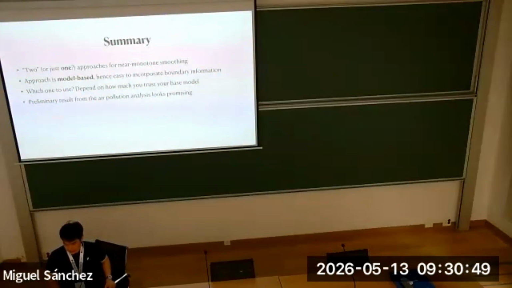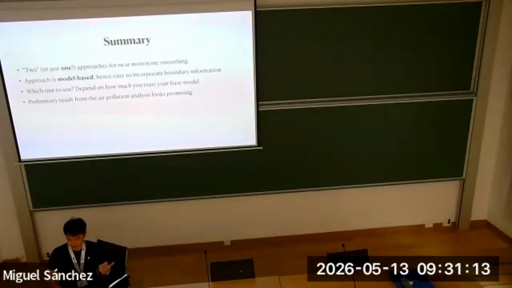Okay, so a very quick summary. In this talk, I presented two approaches for model-based smoothing of a function that is near monotone with certain prior information about the shape. And then we unified the two approaches into a single approach. Because it is model-based, it is easy to incorporate all the information we have about the function's behavior or its shape.